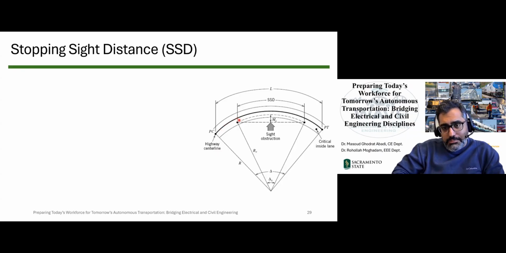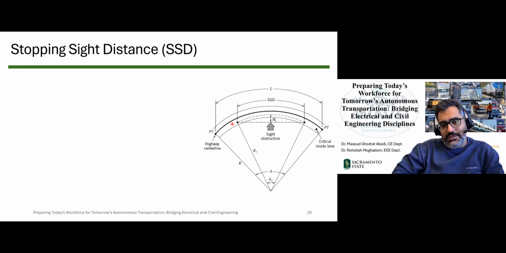What is actually blocking your view of the other side is any obstruction that exists here. So imagine that there are trees in this part. Imagine there are buildings, there are billboards, there is a hill here. So those are the things that would block your view of the other side.